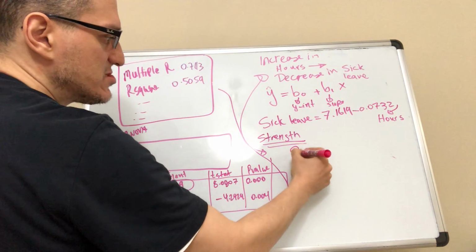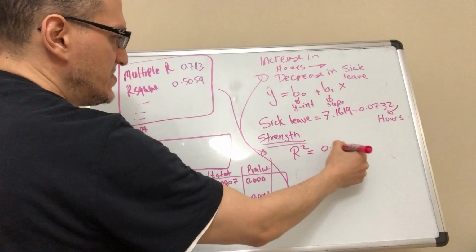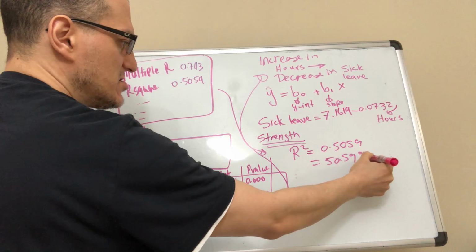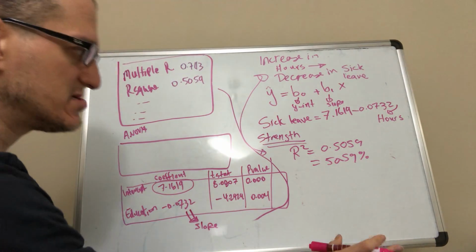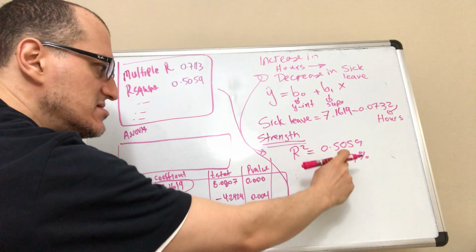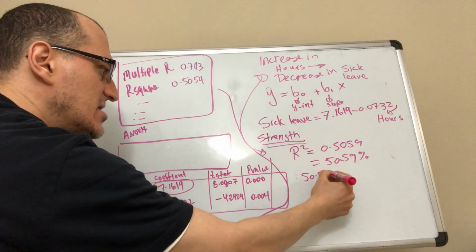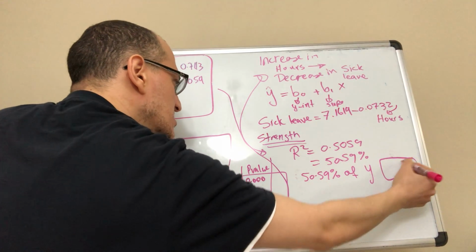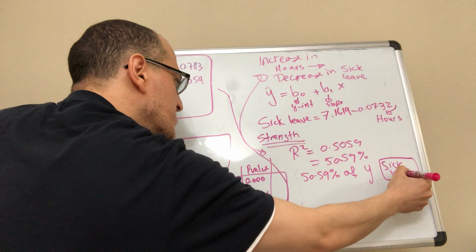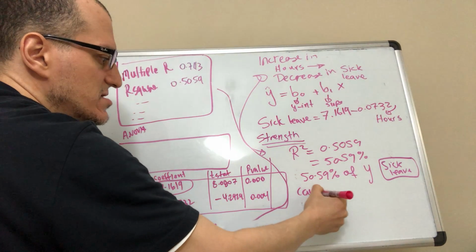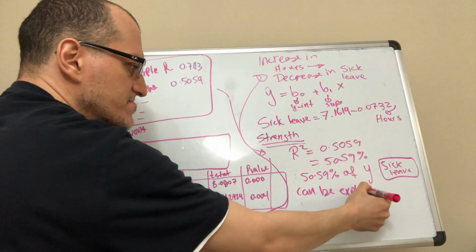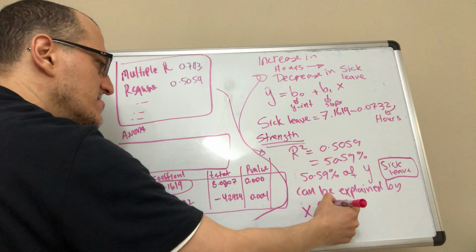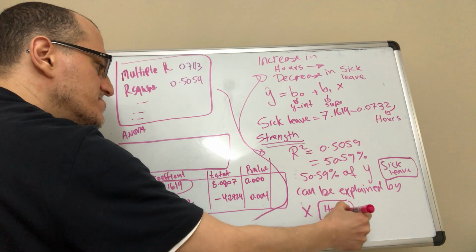R squared. The R squared value is 50.59, and this is actually a percentage, and it's always positive. This one is not a percentage, it's only a number. This means about 50.59% of Y, sick leave, can be explained by X, hours.